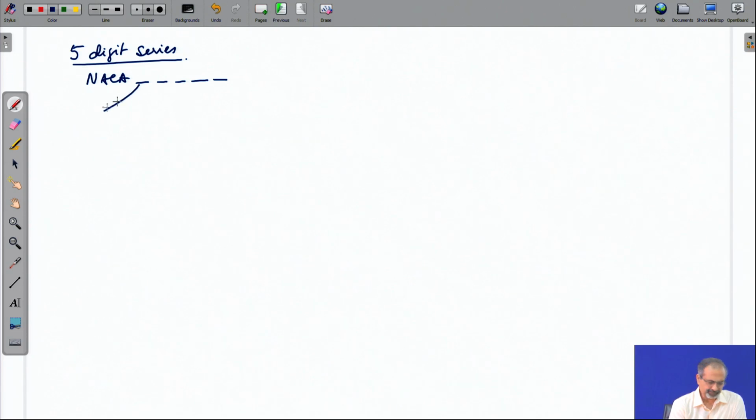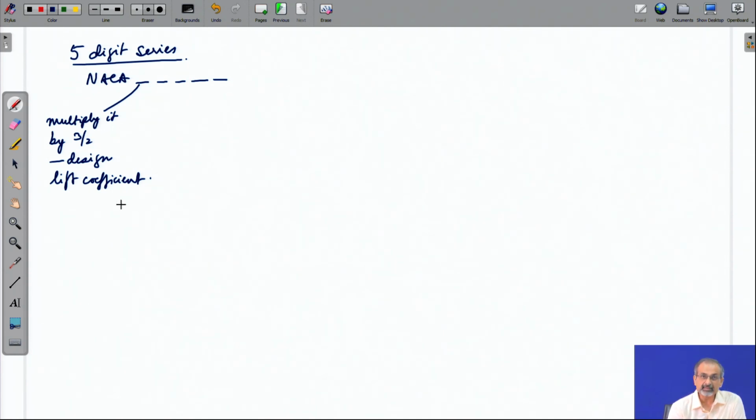So, for the first digit, you have to take the digit and multiply it by 3/2, and then you get the so called design lift coefficient. Once you do that, what does that mean?